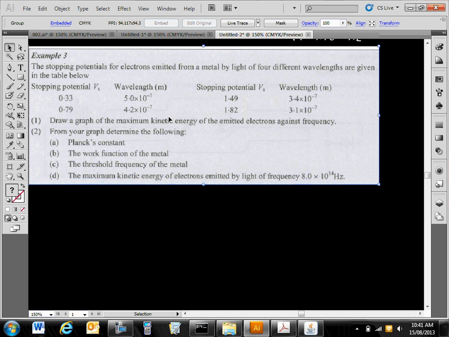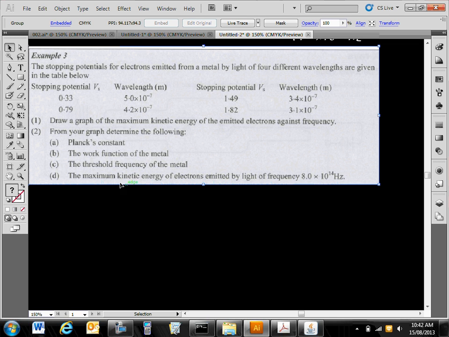Draw a graph of the maximum kinetic energy of the emitted electrons against frequency. So a graph like we just drew, except you're going to have to do some calculations using our formulae. From your graph, determine the following: Planck's constant, work function of the metal, threshold frequency of the metal, and the maximum kinetic energy of the electrons emitted by light of frequency 8 by 10 to the 14 hertz.